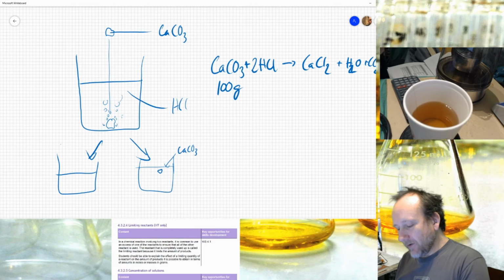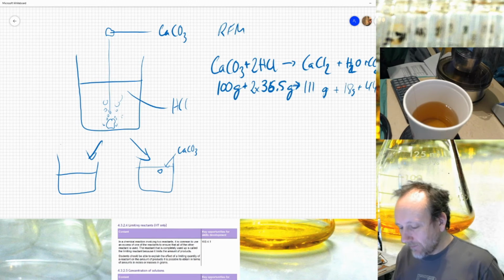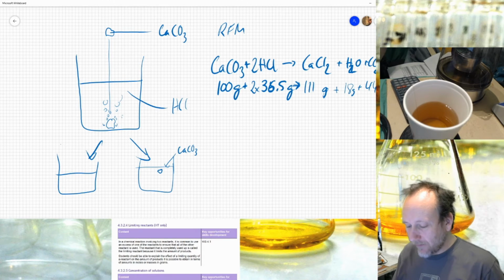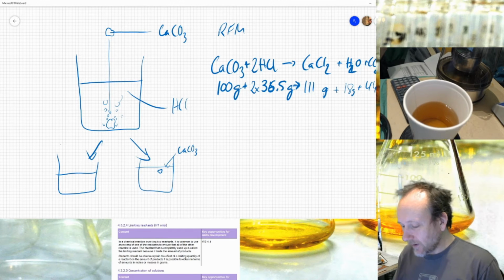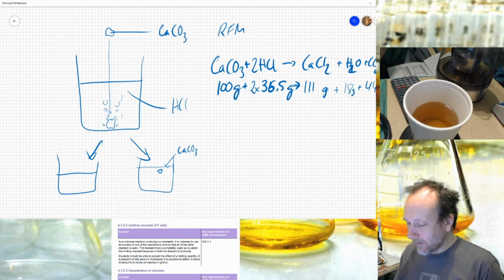I'll give you an example. Let's say you've got the relative formula mass of the substances in grams. If we have 100 grams of calcium carbonate and twice the relative formula mass of hydrochloric acid dissolved in water, so 2 times 36.5 grams, then that will give me 111 grams of calcium chloride, 18 grams of water, and 44 grams of carbon dioxide.